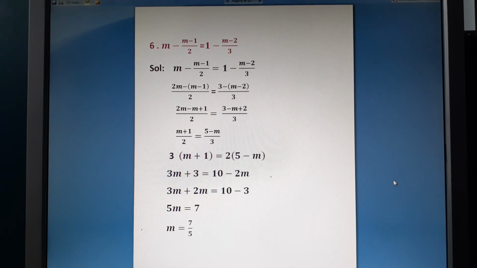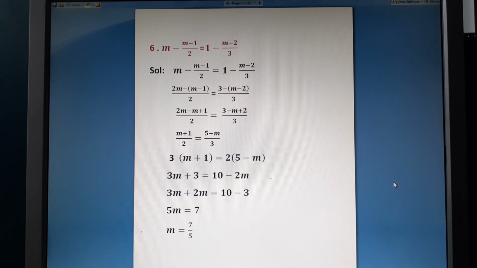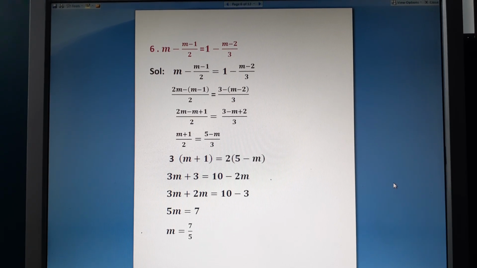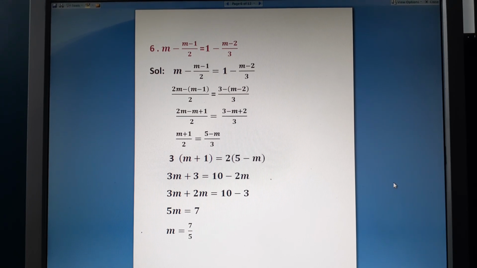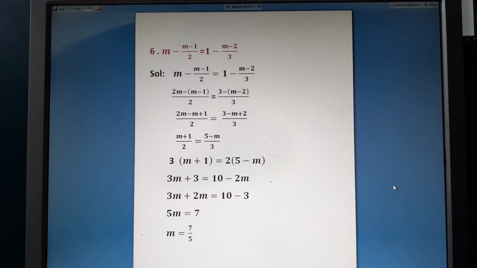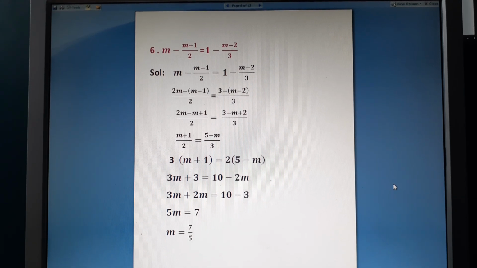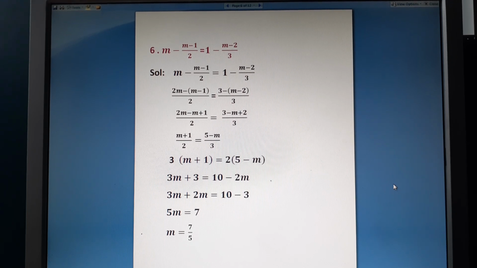Take the right hand side minus 2m to the left hand side. Now we get 3m + 2m = 10 − 3. The left hand side plus 3 comes to the right hand side, it changes into minus 3. 3m plus 2m is 5m, that is equal to 10 minus 3, which is 7. Now m = 7/5.